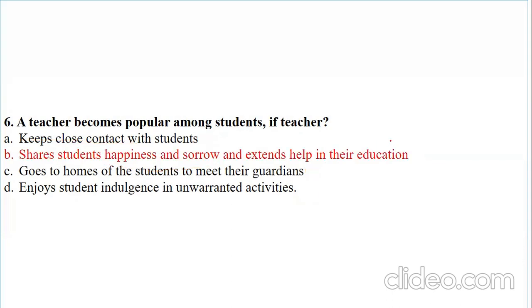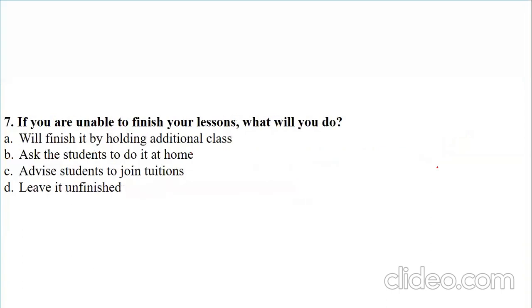So option B is your correct answer. Please try to read and understand, because some answers feel very close by, and when confusion comes, just read the question once again and concentrate on the options. Now the next one.